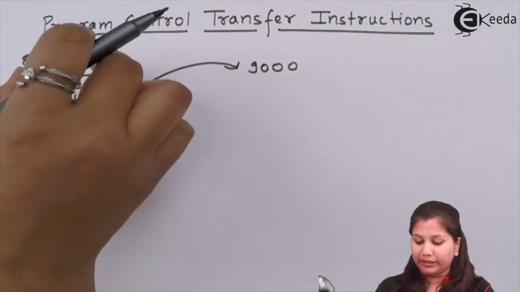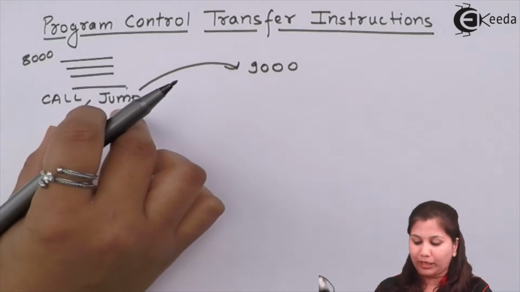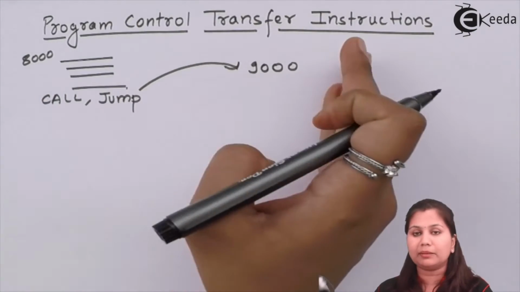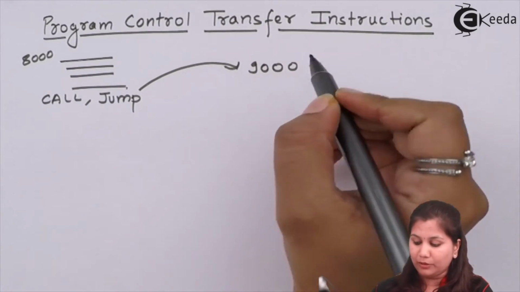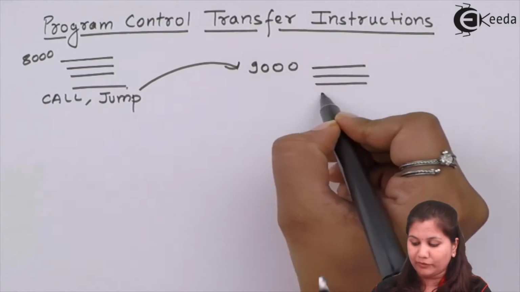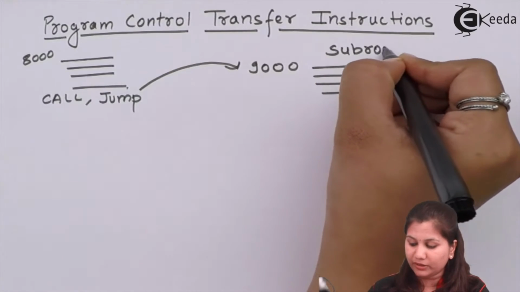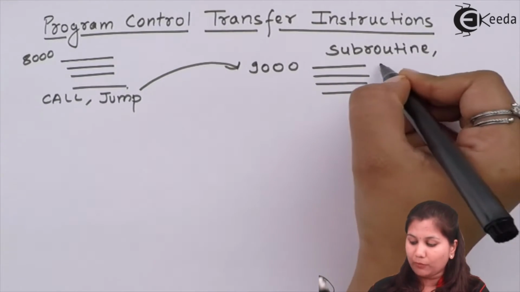So they are breaking the sequence of the main program, and they are making the microprocessor jump to some other memory location. At that memory location, some program will be written, known as a subroutine, or we can say a small program or a procedure.